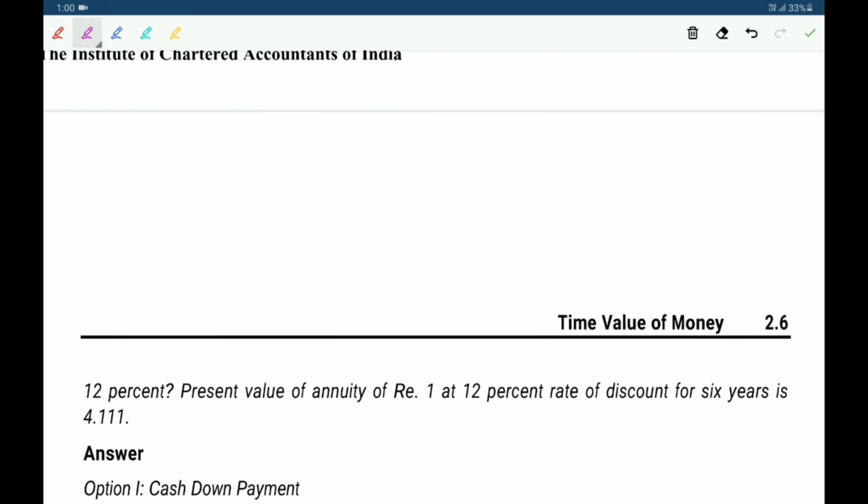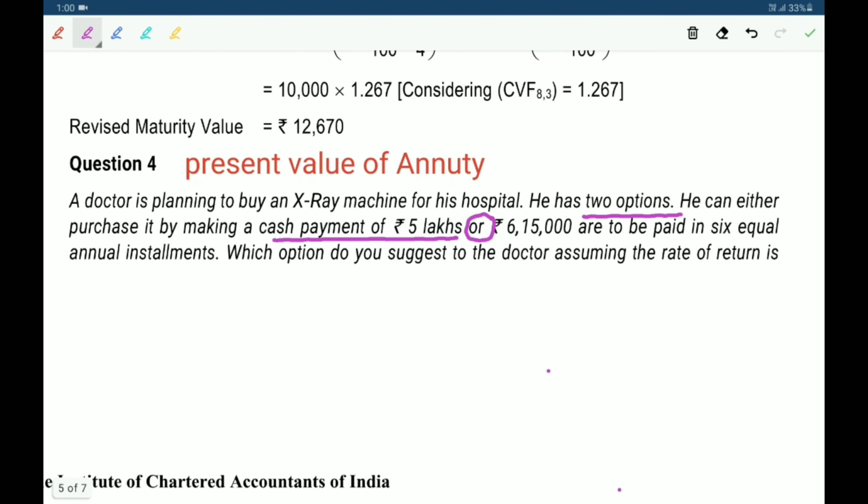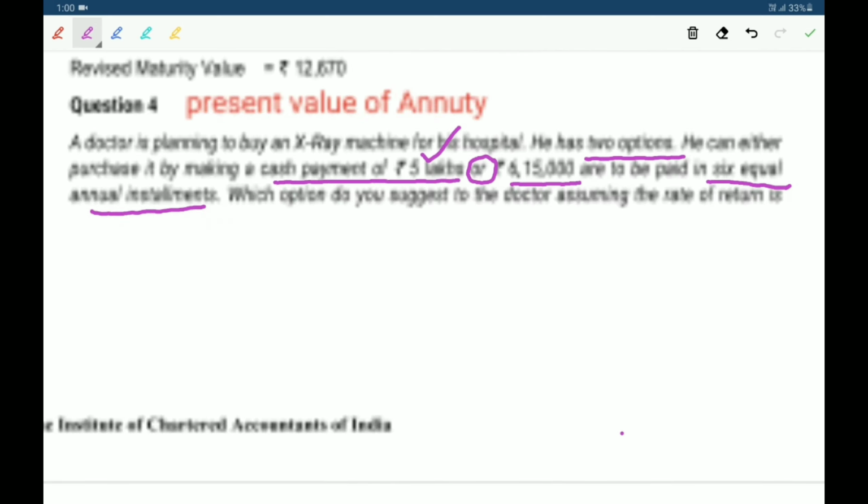Option 1, what is option 1? He can pay 5 lakh rupees as down payment immediately, or 6 lakh 15,000 rupees in 6 equal annual installments. First of all, we have to find out one annual installment, and now we use the present value of annuity formula.